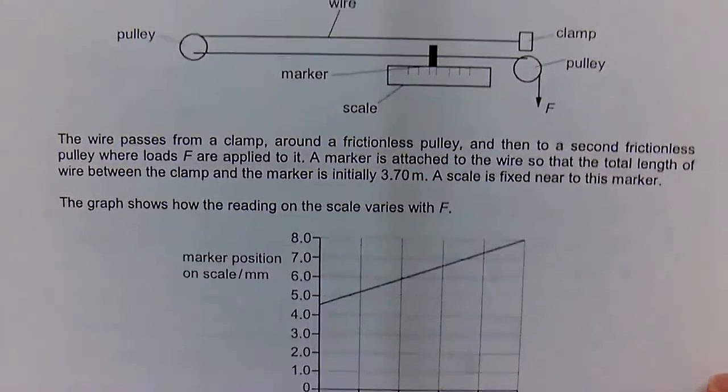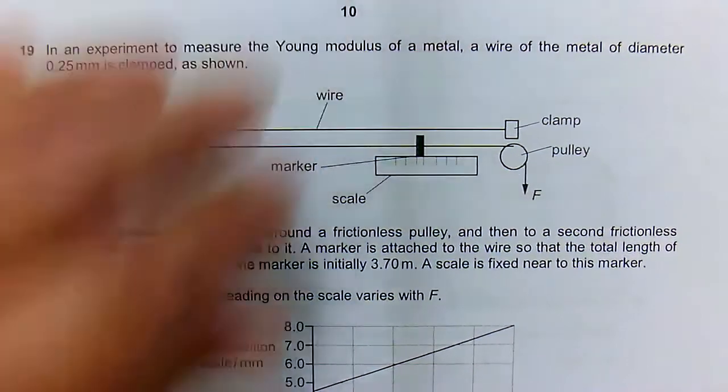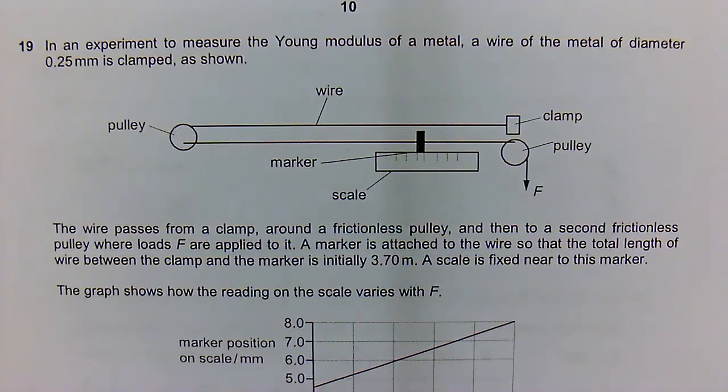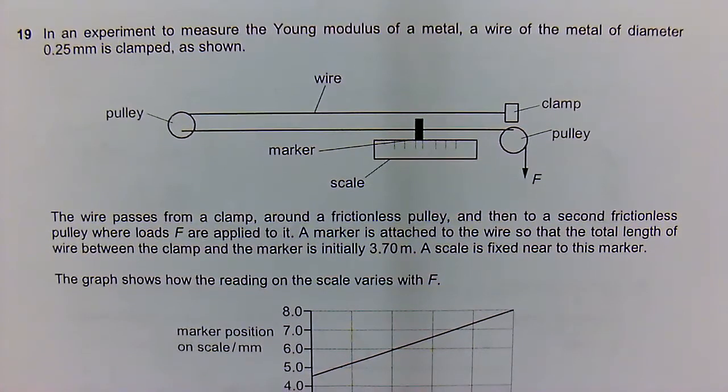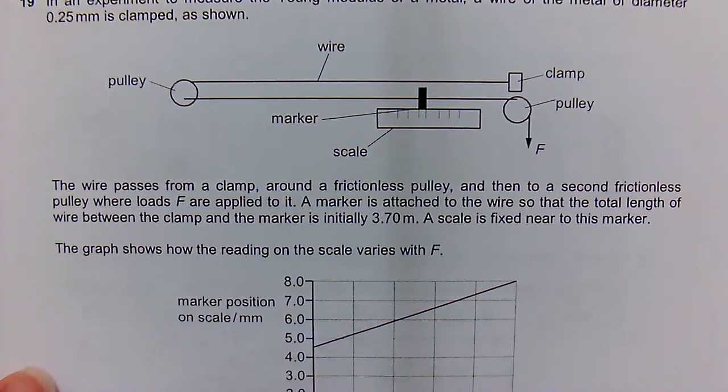The next question is going to be an experiment to measure the Young's modulus. Okay, so it's a Young's modulus question. We're measuring the Young's modulus of a wire of the metal, diameter of 0.25 millimeters, clamped down. The wire passes from a clamp around a frictionless pulley to a second frictionless pulley where load F is applied to it.